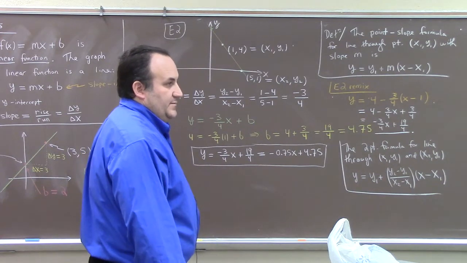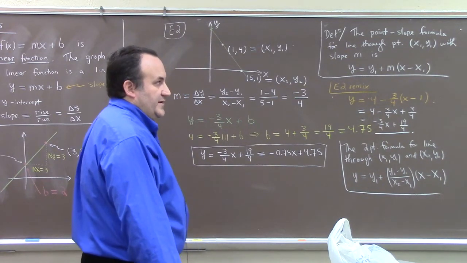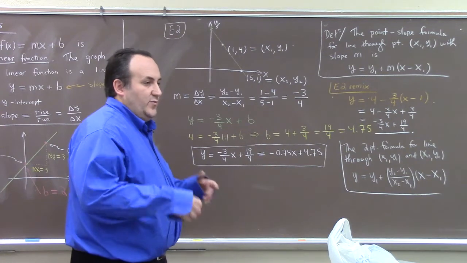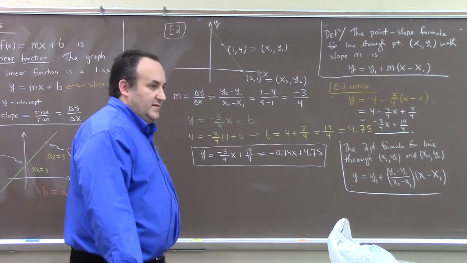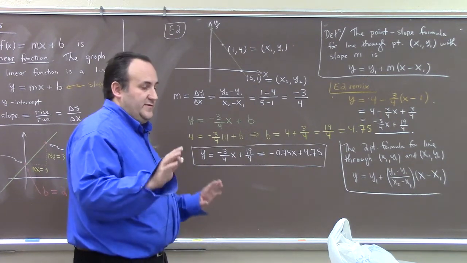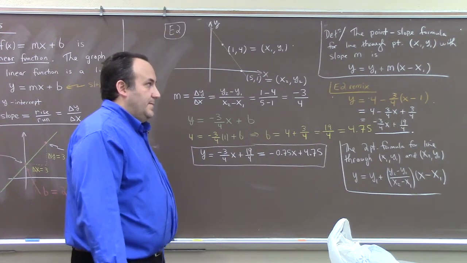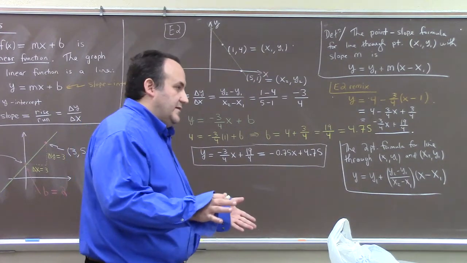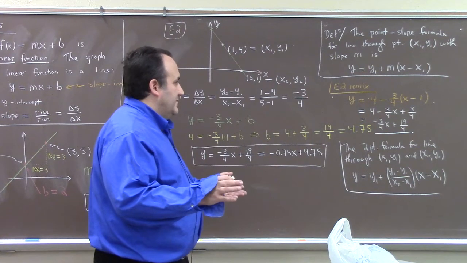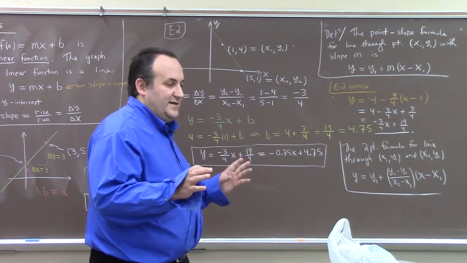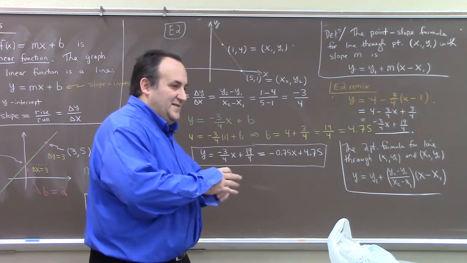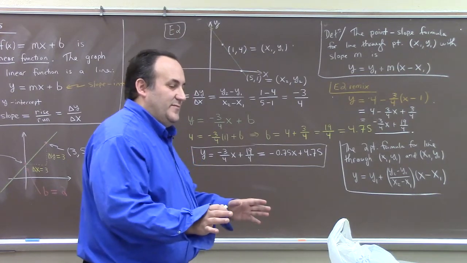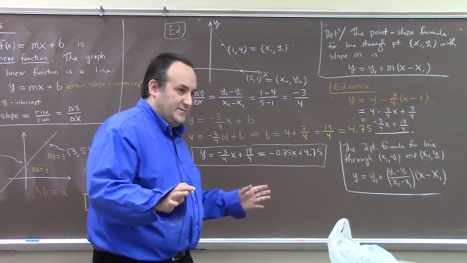Now, it depends on the question. The question might say something like, find the point slope formula for the line. But you can use any of them. As far as I'm concerned, it depends on the nature of the question. But stupid wording of questions aside, if it's a question in the wild, you are allowed to use any of these, absolutely.